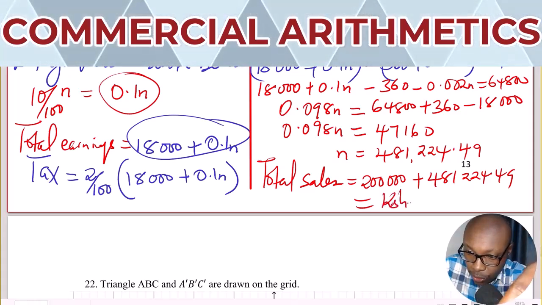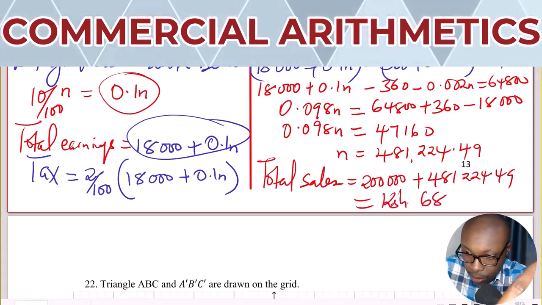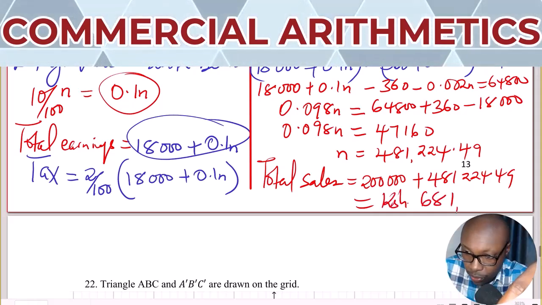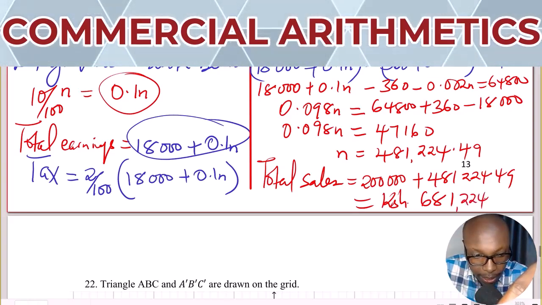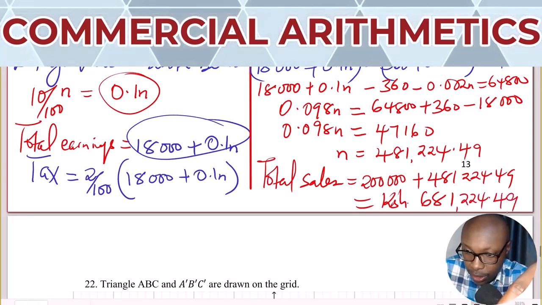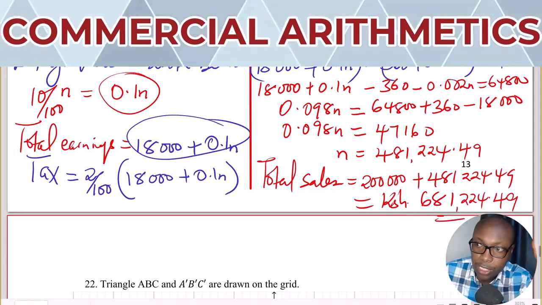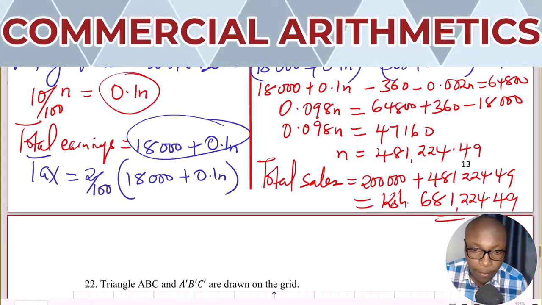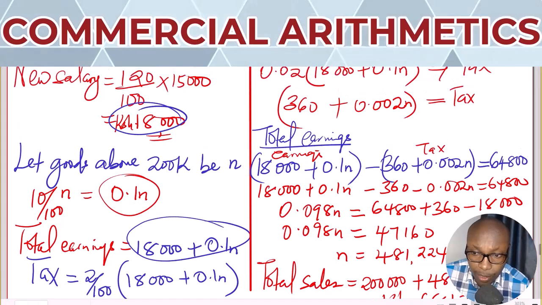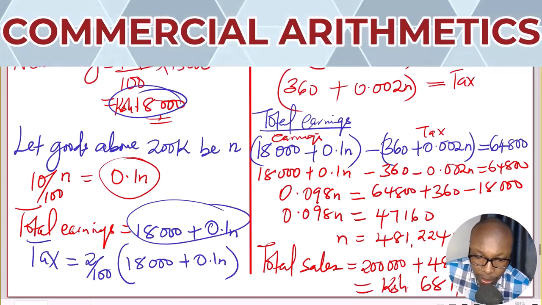This gives the value of goods sold as 681,224.49. And actually that is how you're supposed to solve that question.